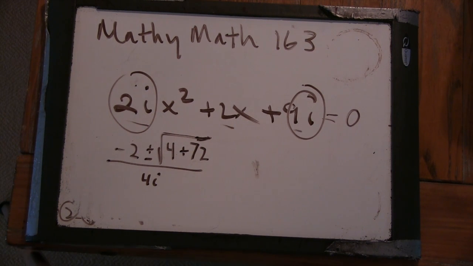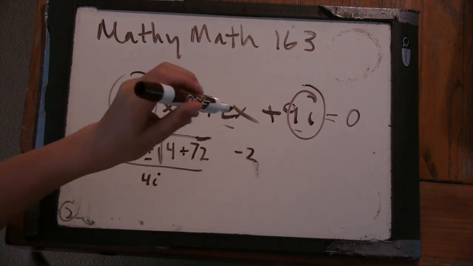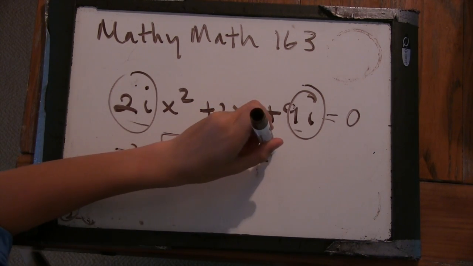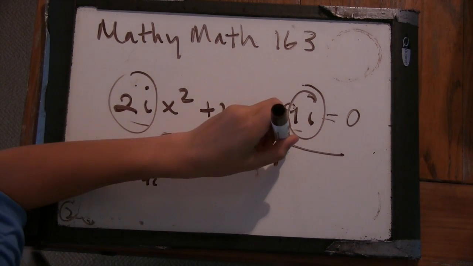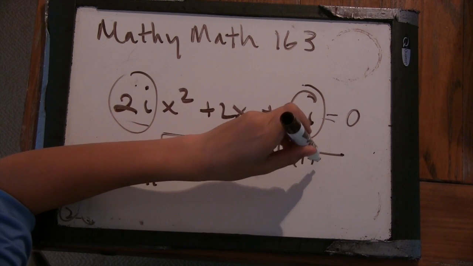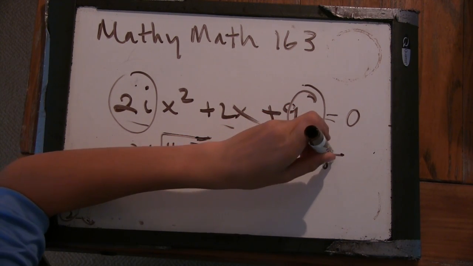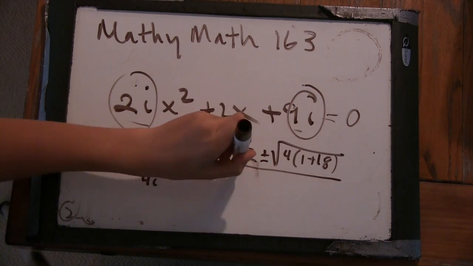Well, let's see. So I can say it's minus 2 plus or minus the square root of 4 times 1 plus 18, because we have a square now.